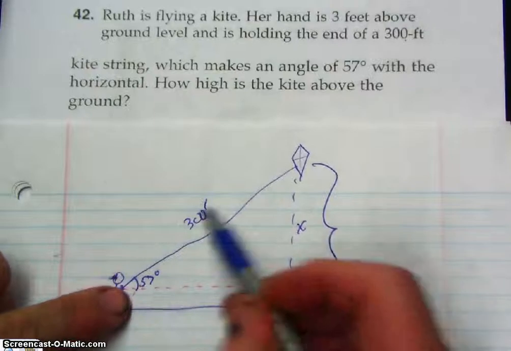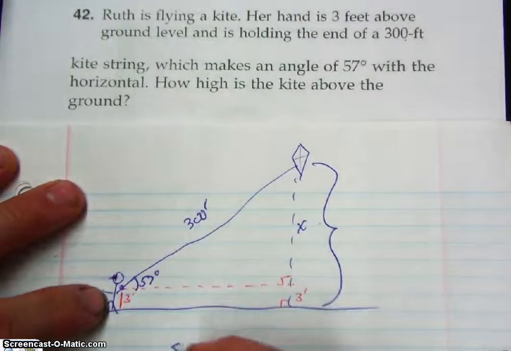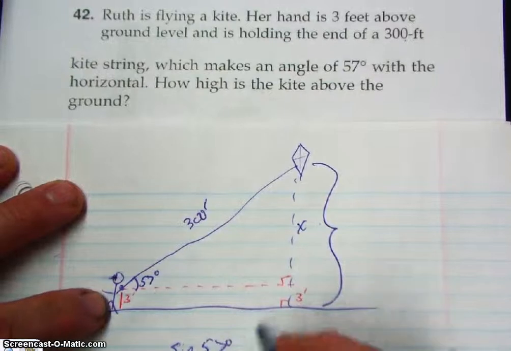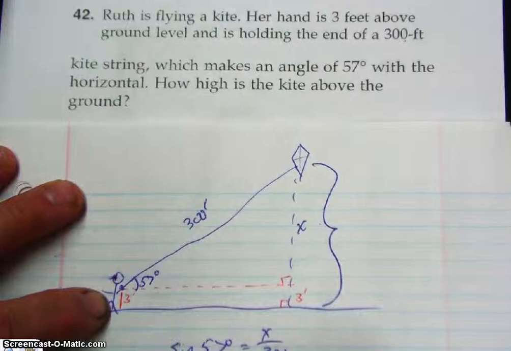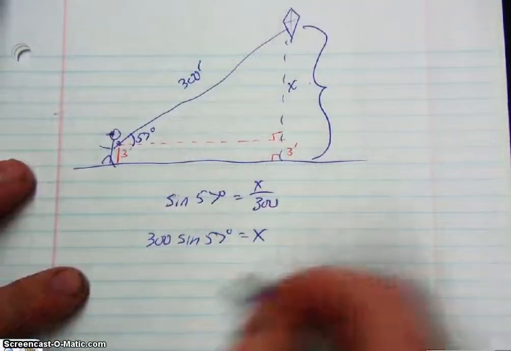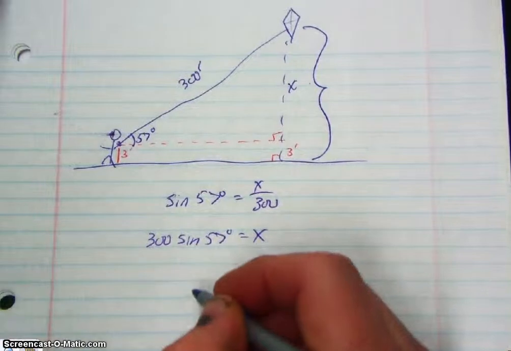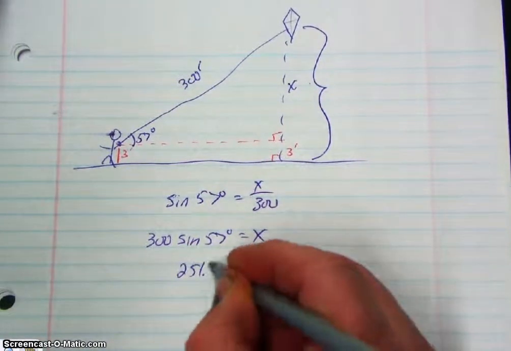Again, opposite over hypotenuse, so that's sine. Sine of 57 degrees is equal to x over 300. So 300 times sine of 57 degrees equals x, which is approximately 251.6.